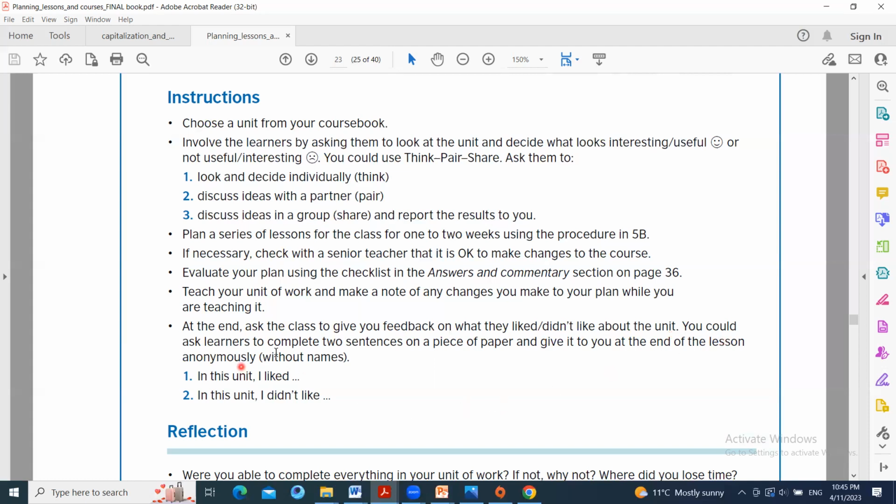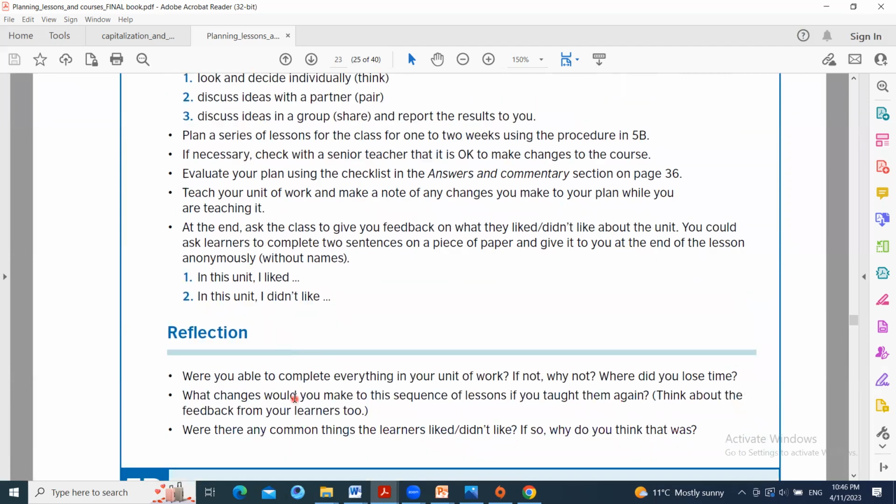You could ask learners to complete two sentences on a piece of paper and give it to you at the end of the lesson without names. You can tell them to write: in this unit I liked so and so, and in this unit I didn't like so and so.